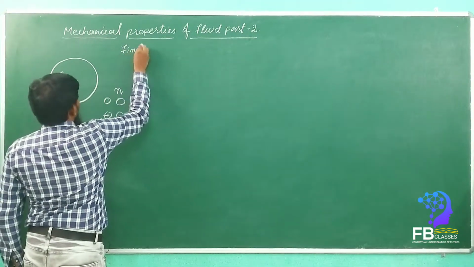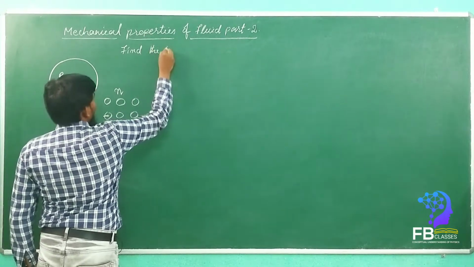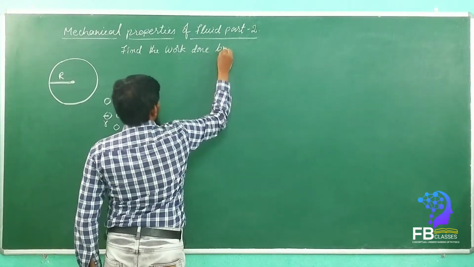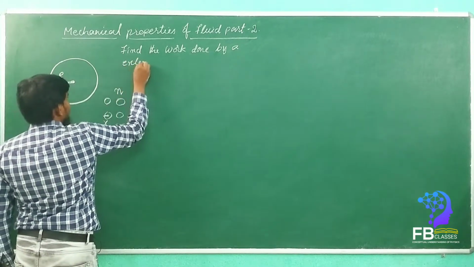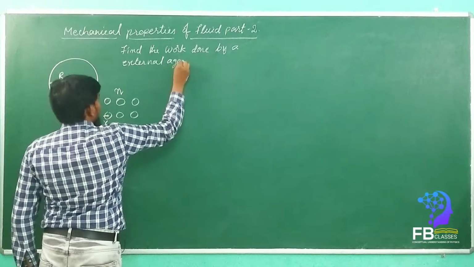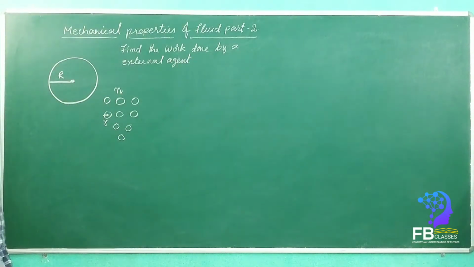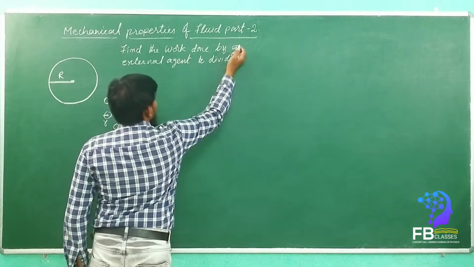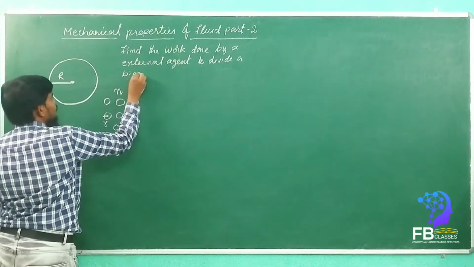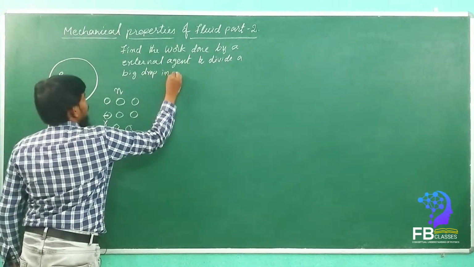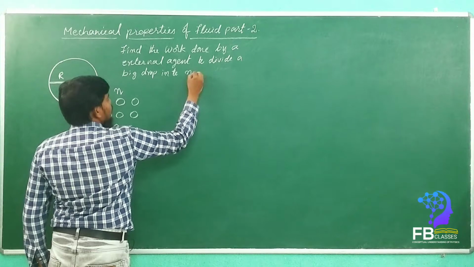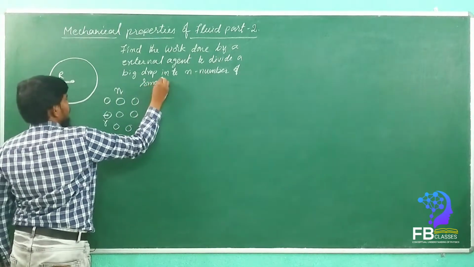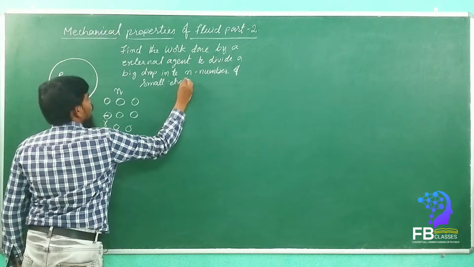Find the work done by an external agent to divide a big drop into n number of small drops. What drops are these? Fluid drops.